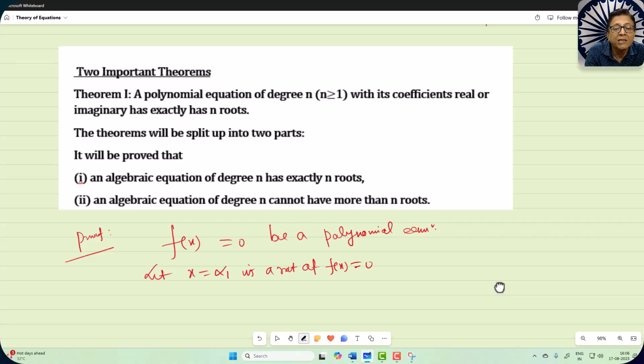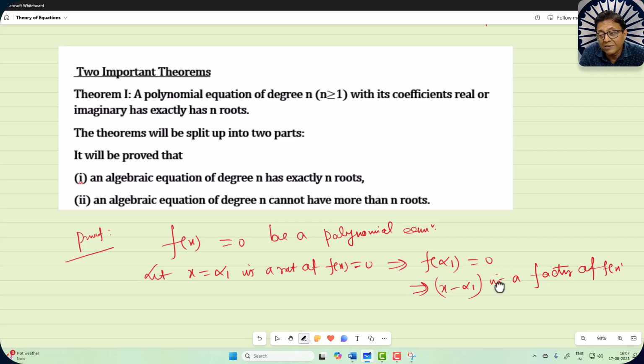It means f(alpha 1) = 0, and if f is a polynomial with f(alpha 1) = 0, you can state that x minus alpha 1 is a factor of f(x).